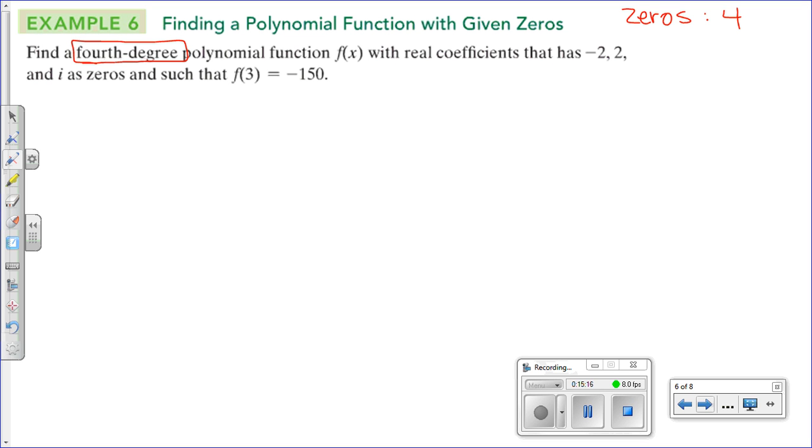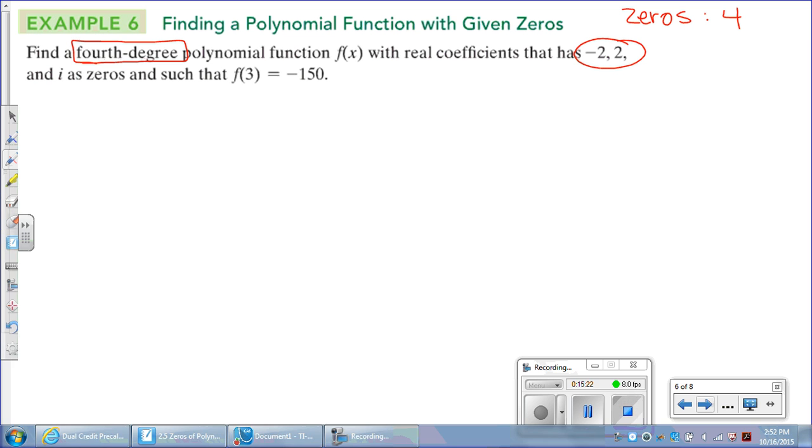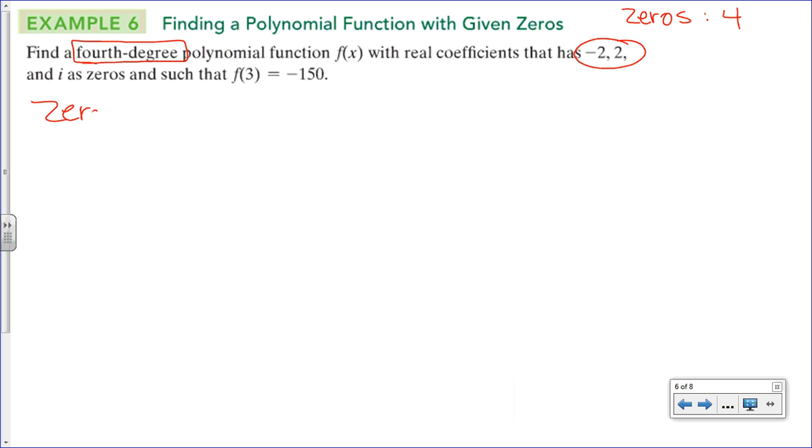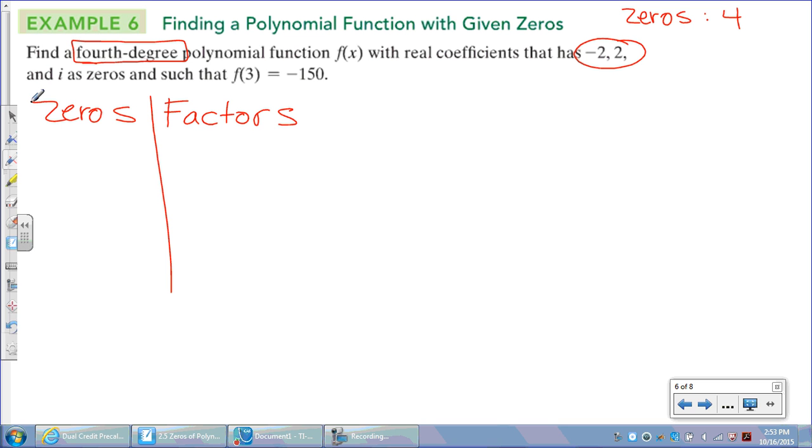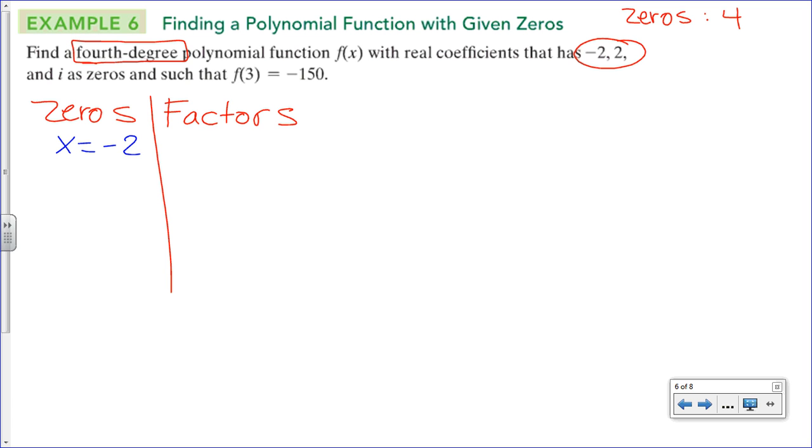So here we're given 2 of those zeros, negative 2 and positive 2. So we have x equal to negative 2 and x equal to 2.